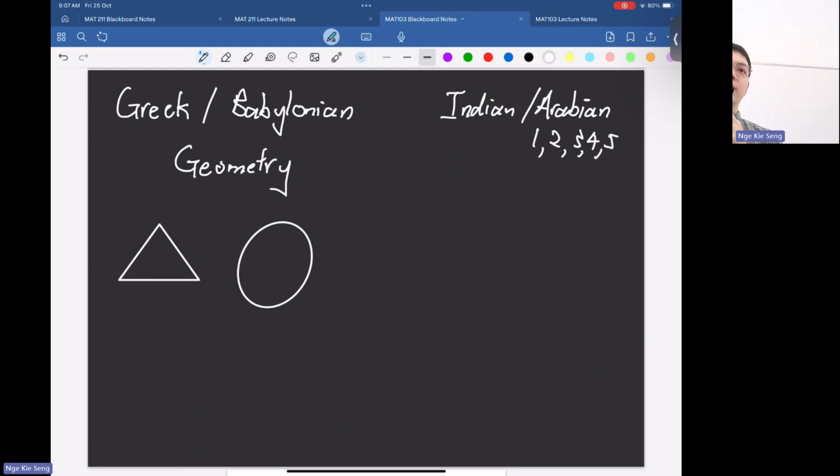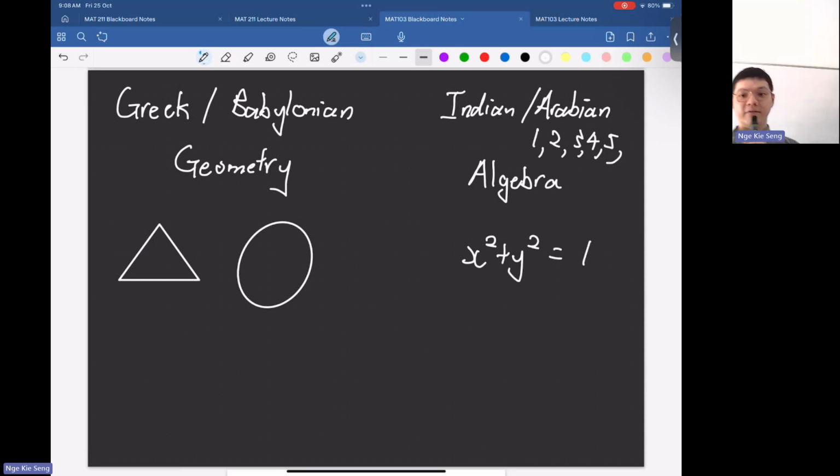Do you write 1, 2, 3 or not? There was a time when maths was very advanced in the Arabic world. What they did mostly was algebra. Like what we studied before, x squared plus y squared equals 1.